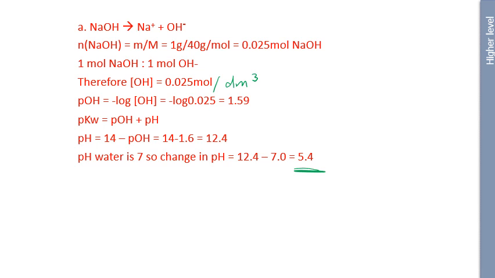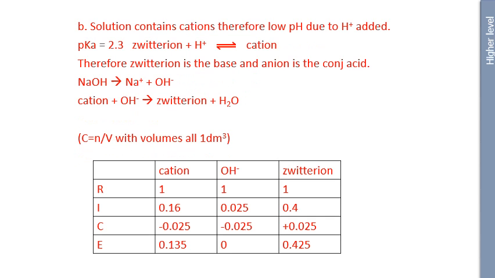Now let's discover the effect of adding an amino acid buffer system on the change in pH. So the solution contains cations, therefore it's going to have an acid pH due to the protons being added. So we use the pKa of 2.3, zwitterion plus a proton going to a cation.